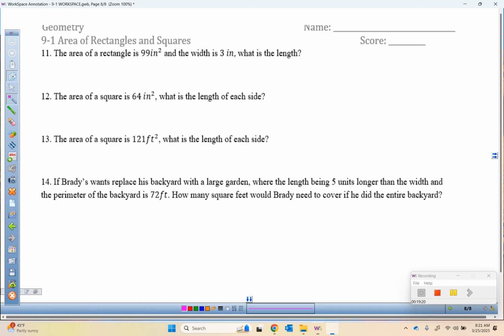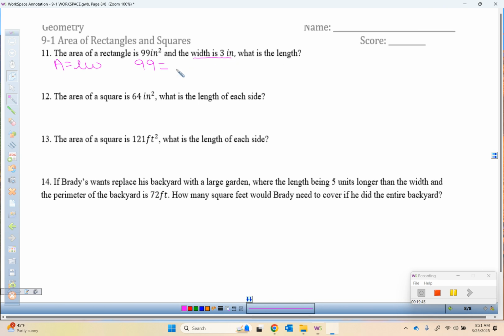Okay, number 11. The area of a rectangle is 99 inches squared, and the width is 3 inches. What is the length? Once again, I'm going to use area equals length times width because it's asking for the length. My A is 99. It's telling me the width is 3 inches.